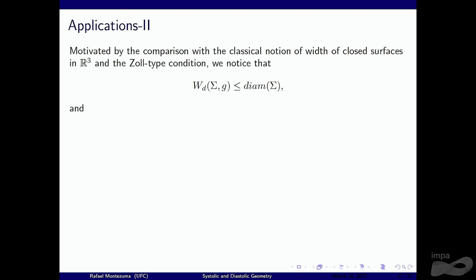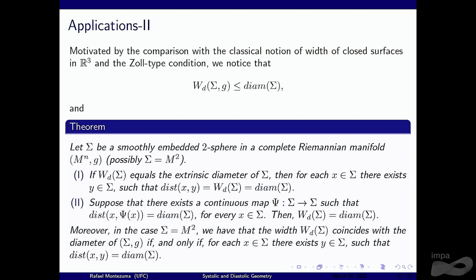So also related to this inequality, comparing this width with the diameter, we also have a similar characterization in terms of spheres realizing it. So this is general again. You consider either the intrinsic or the embedded case. So an embedded 2-sphere, when I say embedded, the ambient could even be sigma again.